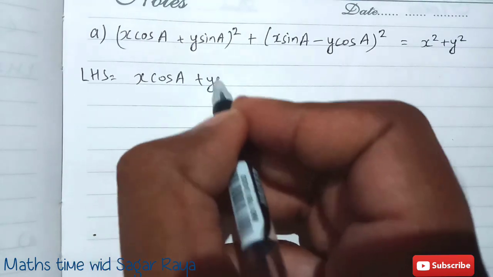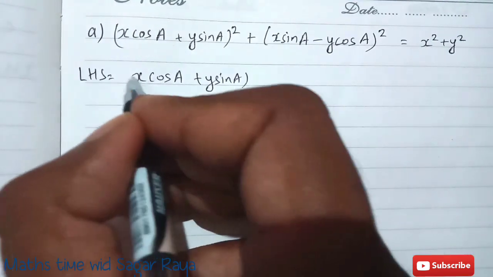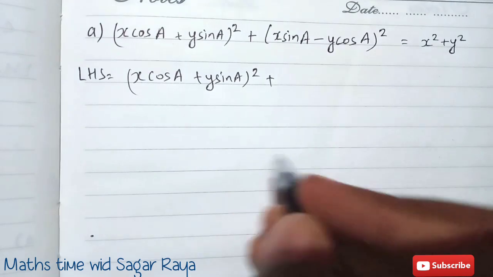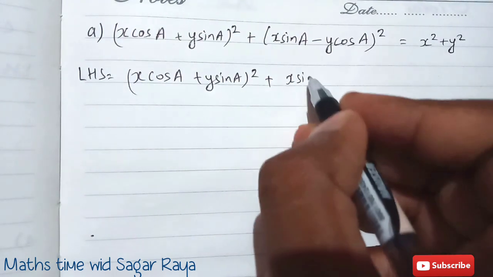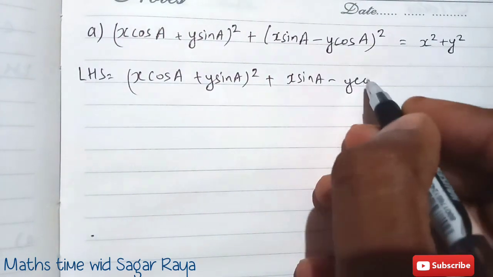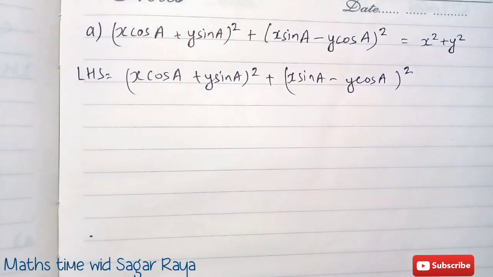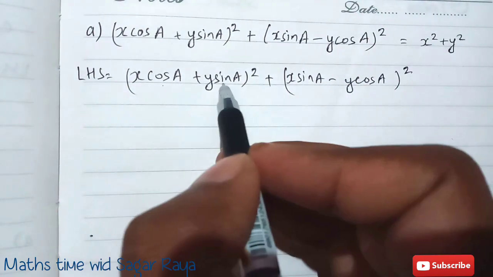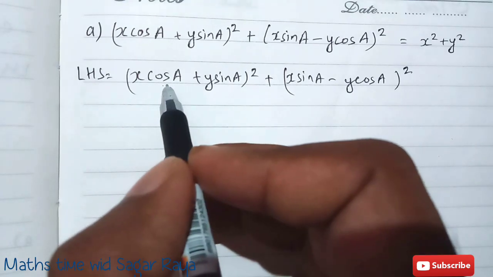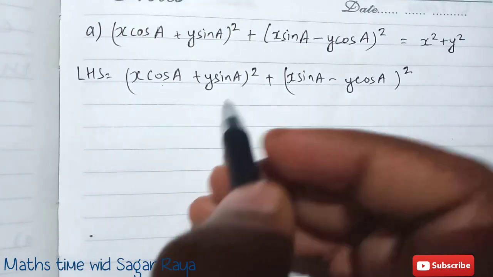x cos A plus y sin A whole square plus x sin A minus y cos A whole square. So if you suppose this as A and this one as B, you can use the formula of A plus B whole square.